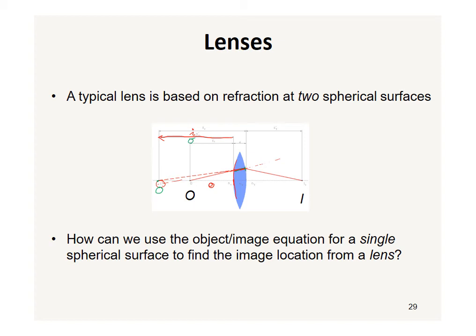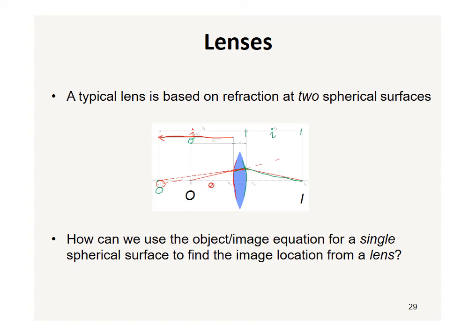So this is now our O. We look at what happens at this second surface, and this second surface bends it down here. So this distance here is our new I. We've done a two-step process: refraction number 1 in red and refraction number 2 in green.